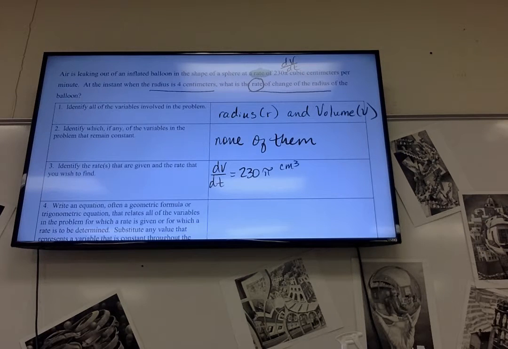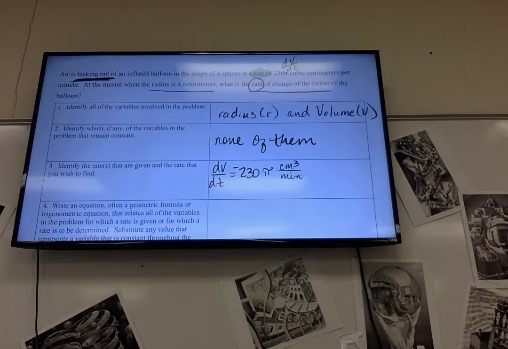Is it negative? There you go. How do I know it's negative? Because it's decreasing, it's leaking out.